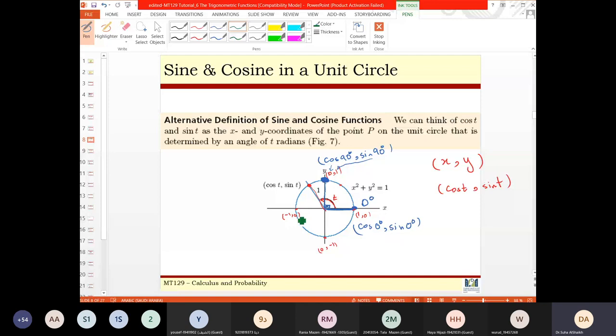Of course, in high school we had to memorize this, so the unit circle was very helpful to know those basic sine and cosine values.